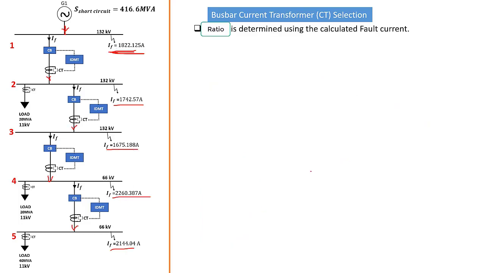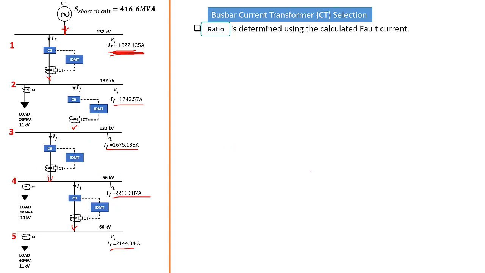So then our current transformer ratio must be determined using the calculated fault current that we have on each of these bus bars. Now, this is to ensure the protection of the transformers. Remember, in this case of bus bar 3, we have a transformer here that's stepping down from 132 to 66 kilovolt.